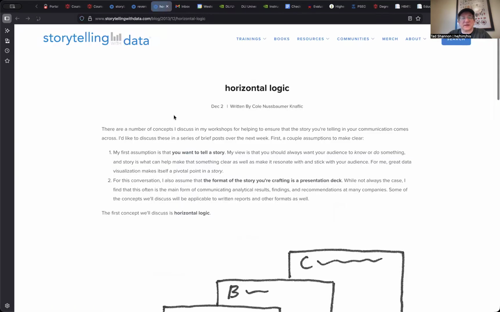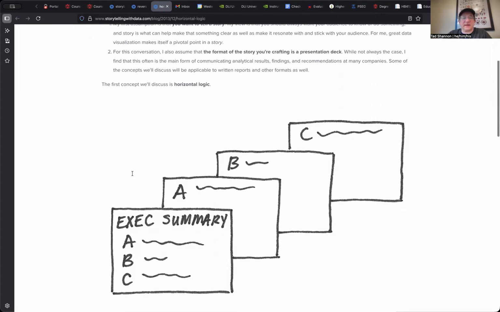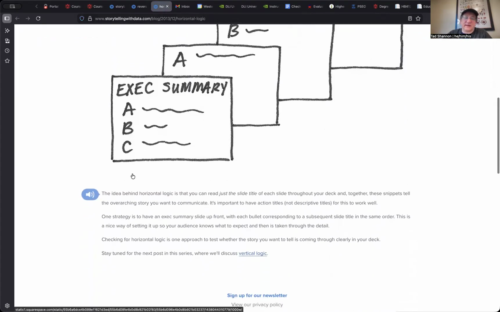interesting links here, horizontal logic, and what is that? If you were going to read through just the titles of your slides, of your storyboard frames, then you're looking at horizontal logic. So that's a way of summarizing the overall story.